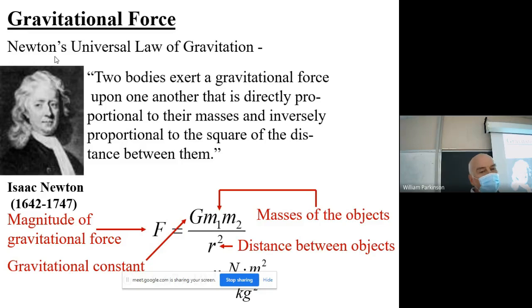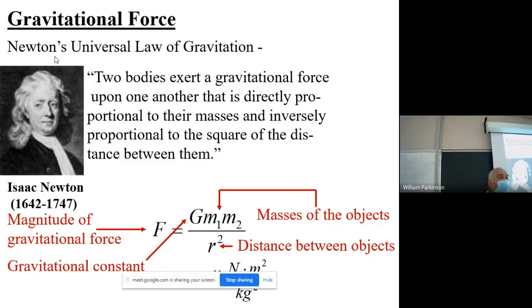Now what you learn from that number G is that it is tiny. It's 10 to the minus 11. What does that mean? 0.0000000, 10 zeros, 667. So what does that mean?